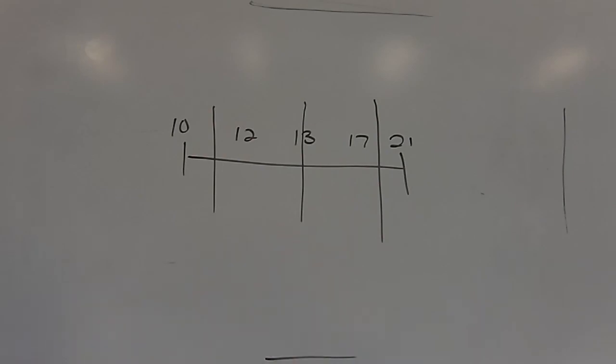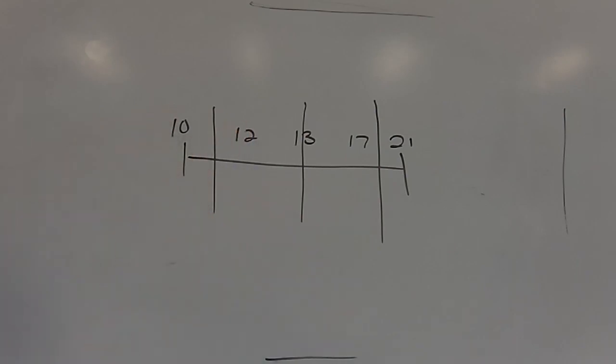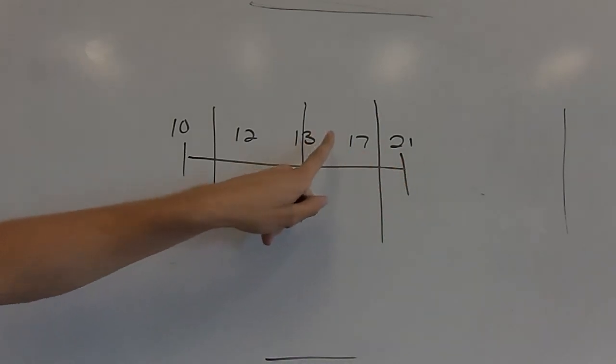When I go to find the median of the lower half, I don't use the 13. 12 is the number I'm going to use as my last number, and 10 is my first number. So you don't count the 13. And same thing goes with the upper half. I'm not going to count the 13.